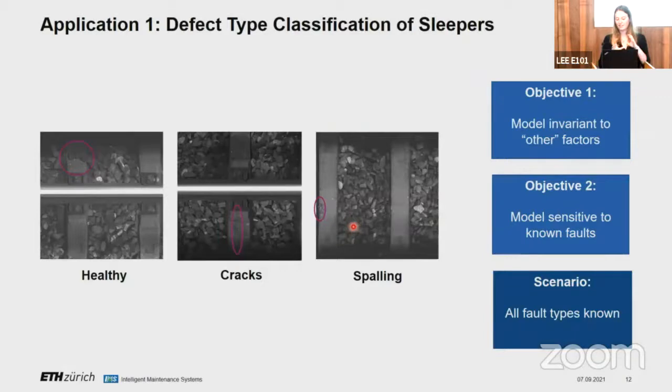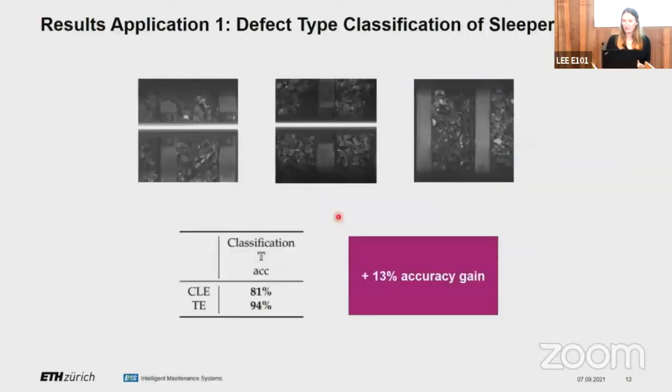I will say this dataset was provided by SBB, and the work I'm presenting here is done by a master's student, Kayan Ratna, who is supervised by me and Lucian Anku from SBB. But yeah, the difficulty lies in the fact that the healthy image might easily be mistaken as a defect, and this is why a normal classification model did not perform very well on that task.